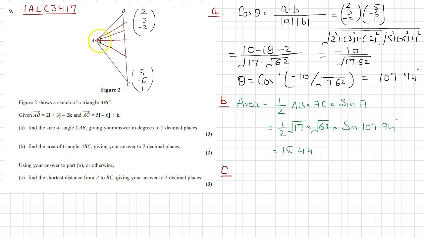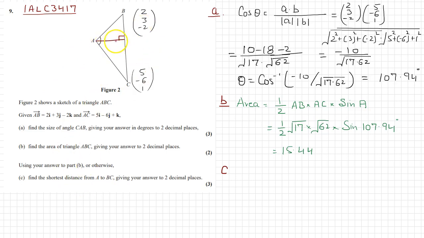So the shorter distance is a perpendicular. If this is a line and this is a point, the shorter distance is the perpendicular line. I hope you know this. So the shorter distance is this, a perpendicular line.